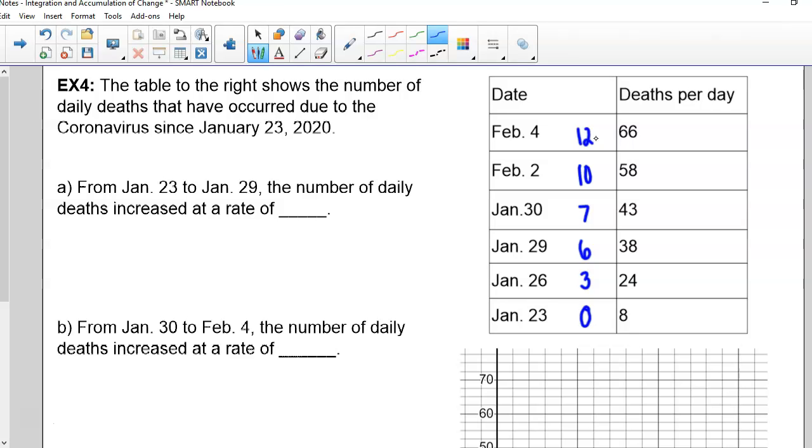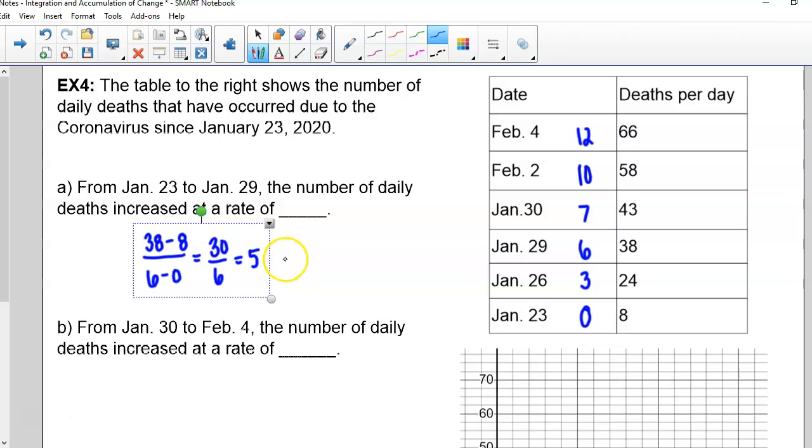So what should we do for this one? Perfect. Okay, so we would do 38 minus 8 over 6 minus 0. So we would have 30 over 6, and we would get 5.